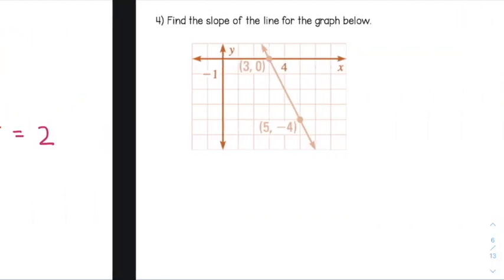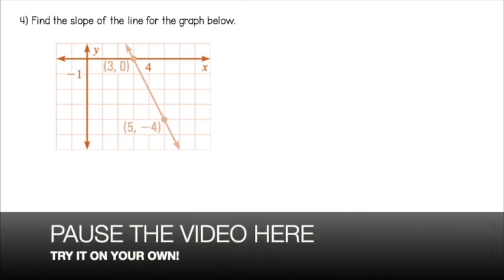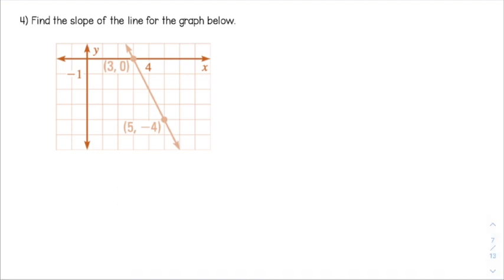For number 4, you have a coordinate point. Try this one on your own, pause the video, and come back and check. Okay, so for this one, I highly suggest using rise over run to find your slope. All right, so going from left to right, as always, I'm going to start with this point here. 1, 2, 3, 4. I'm subtracting 4.